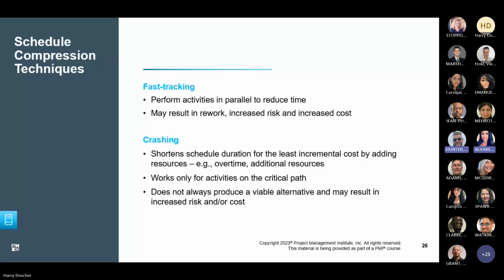You know, you may be able to throw resources at everything and still not move that delivery date. Okay. And if you're putting additional resources on there, your costs are going to increase.